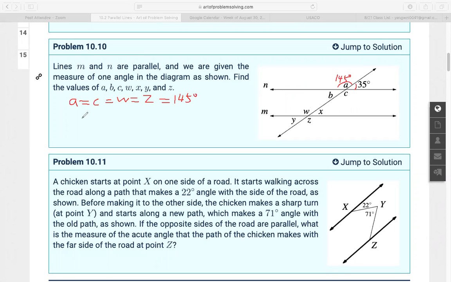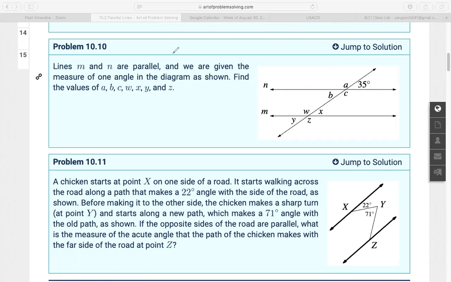Then let's say B equals Y equals X equals 35 degrees, right? So Y equals B equals 35 degrees. Y also equals X. Then A equals C equals W equals Z equals 145 degrees.